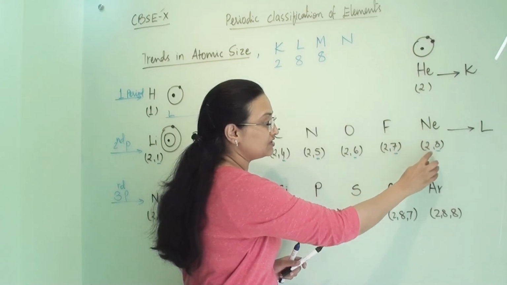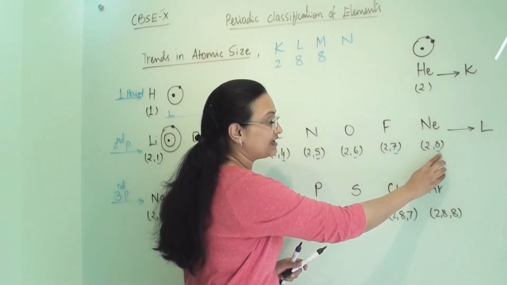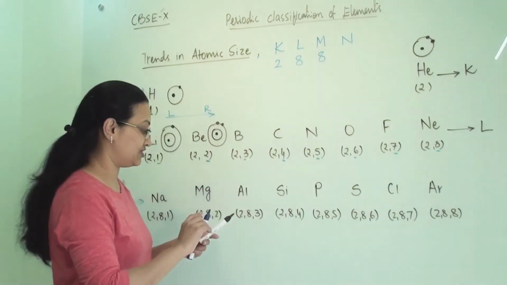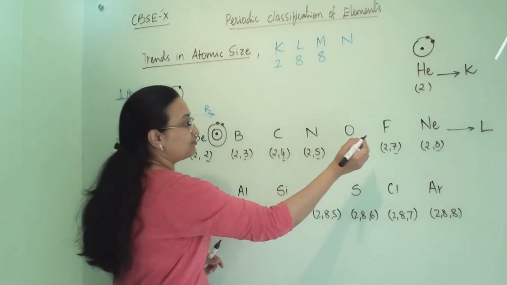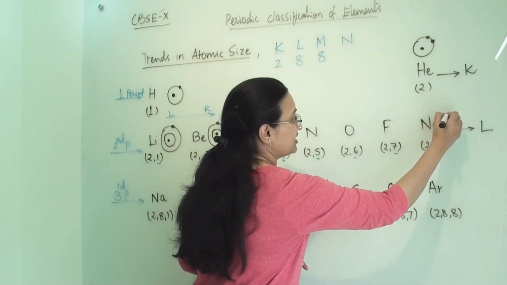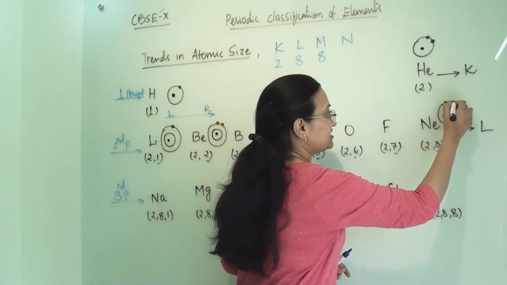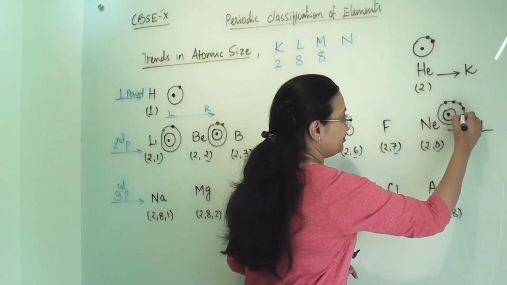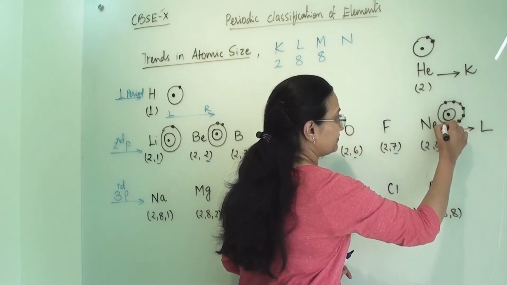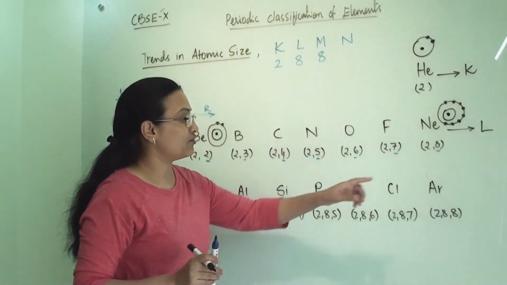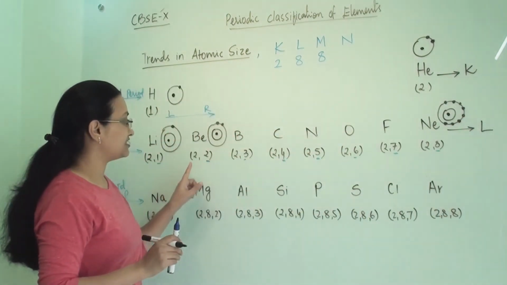This is neon, this is a noble gas, and there are 8 electrons in L shell. If we draw a structure of neon, it is something like this, with 8 complete electrons. So there are 8 electrons in neon and L shell is completely filled.